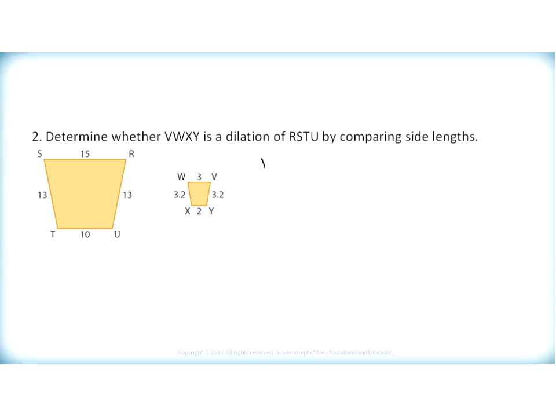So for side RS, the corresponding side in the smaller quadrilateral is going to be VW. For this to be a dilation, that has to be equal to RU divided by VY, and it has to be equal to TU divided by XY, and it has to be equal to ST divided by WX.